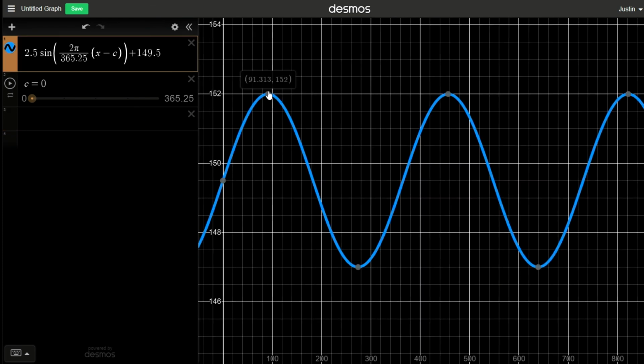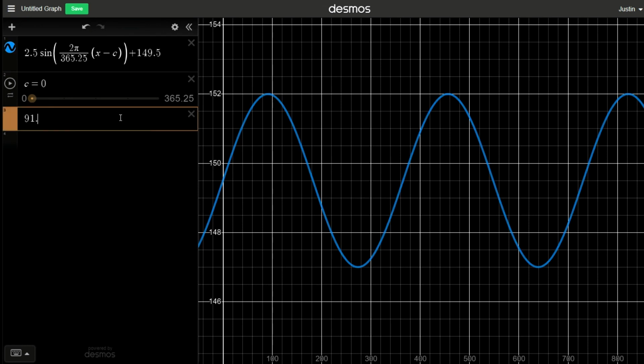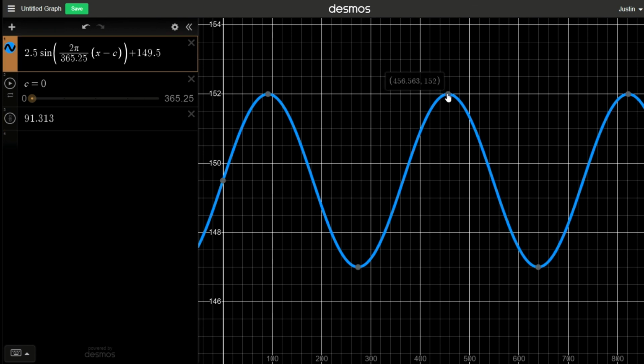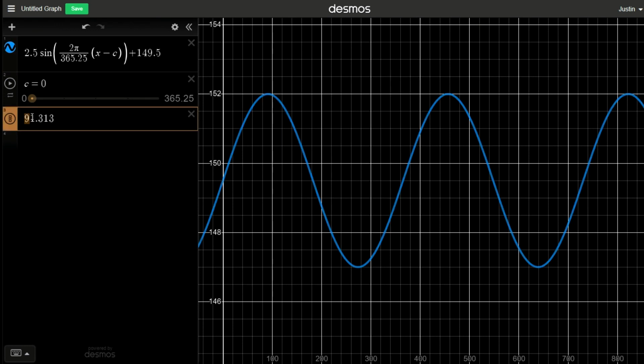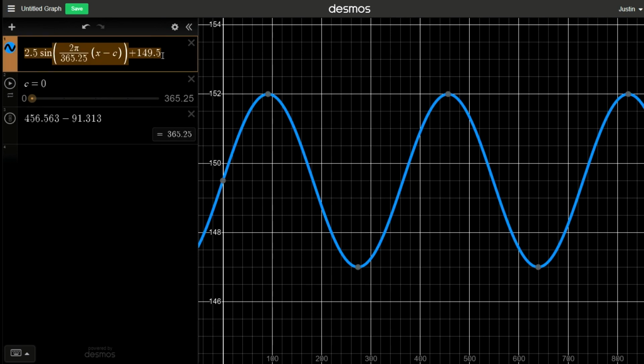Well, we got 91.313, and the other maximum point here was 456.563. If I subtract those, you can see the distance between them is 365.25. So this crazy function that we derived actually is modeling the distance of the Earth from the sun over time.